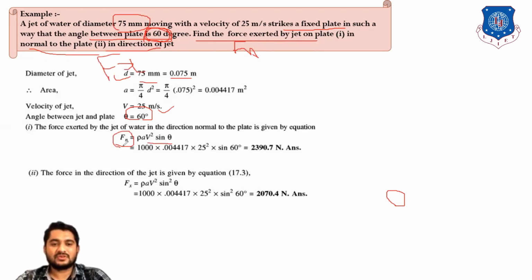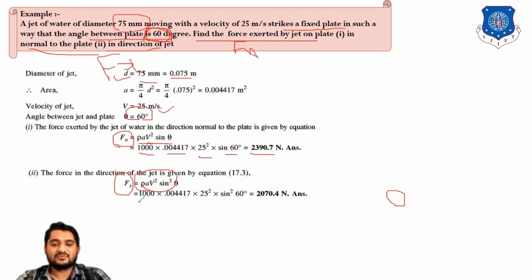Clear? So first of all, Fn will be rho a v square sin theta. Here rho is 1000, area will be 0.004417, velocity will be 25 and theta is 60. So Fn is equal to 2390.7 Newton. Here Fx, from the sketch you have to remember, Fx is equal to rho a v square sin square theta.